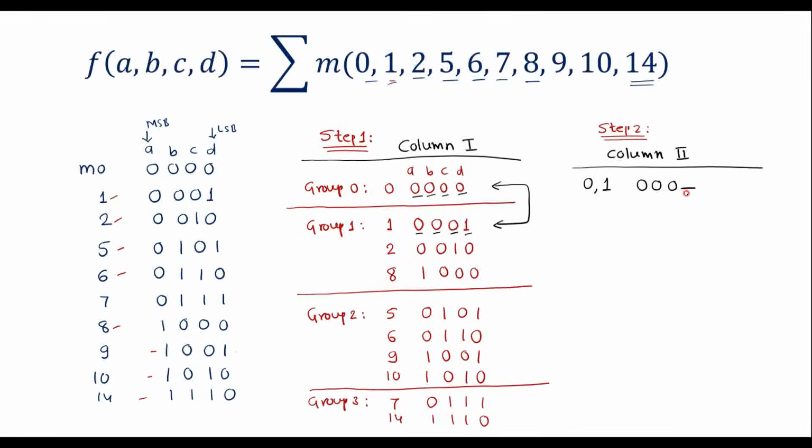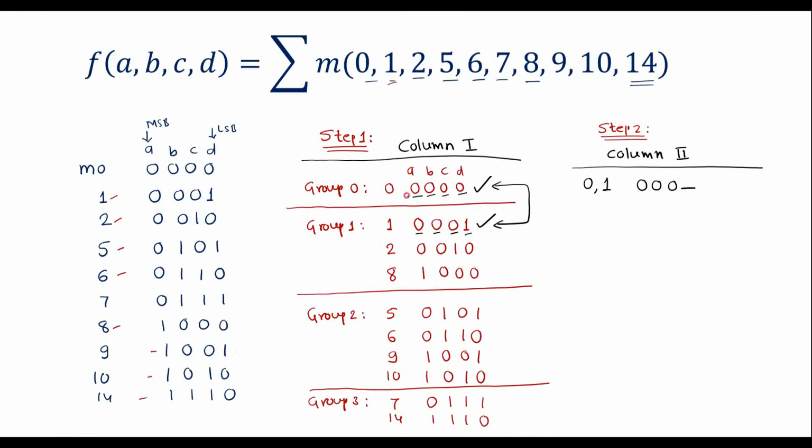That dash indicates it may be either 0 or 1. So 0 and 1 differ by 1 bit. Now I will put a check mark for these two numbers, that is, for 0 and for 1. This check mark indicates these two numbers differ by 1 bit, and those are written in column 2.